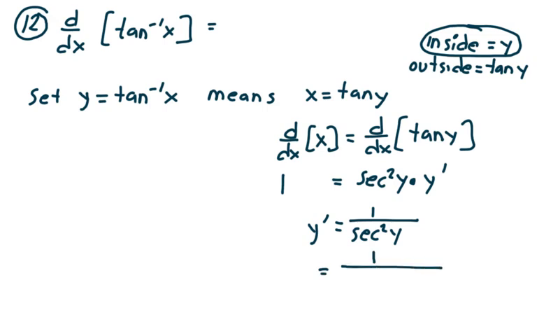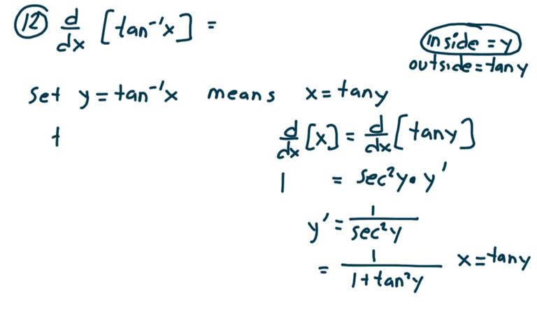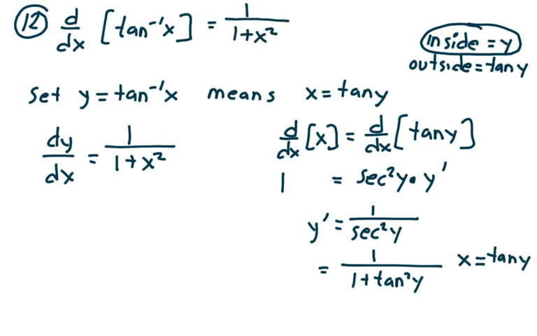But this is 1 over 1 plus tangent squared y. But x is tangent y, so wherever I see tangent y, I'm going to replace it with x. So dy dx is 1 over 1 plus x squared. Okay, so that's number 12.